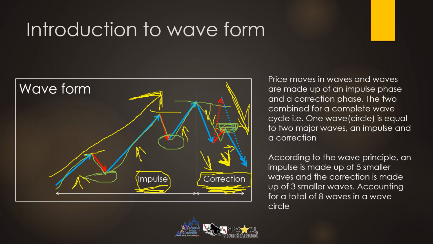Because if you enter, for example, at point number 1, you'll be taking profit from that move. And then if you enter at point number 2, you'll be taking profit from that move. And if you enter at point number 3, you'll be taking profit from this move.